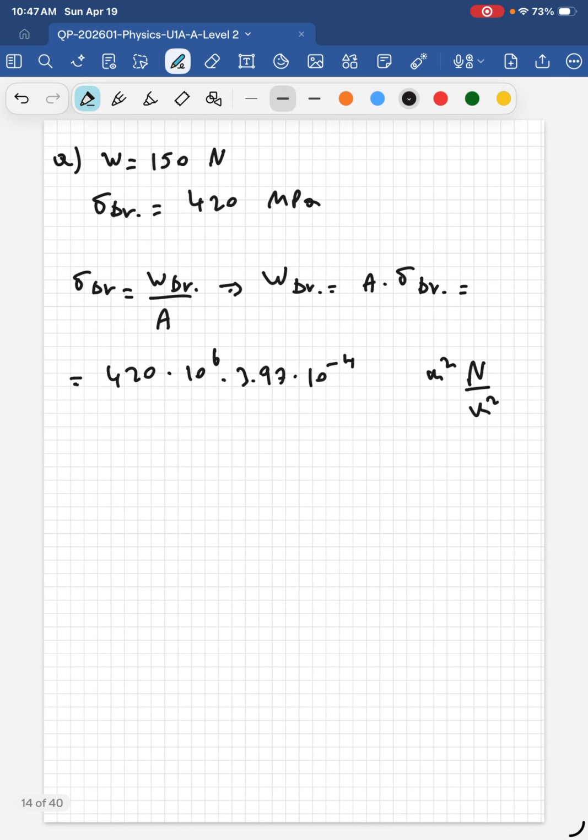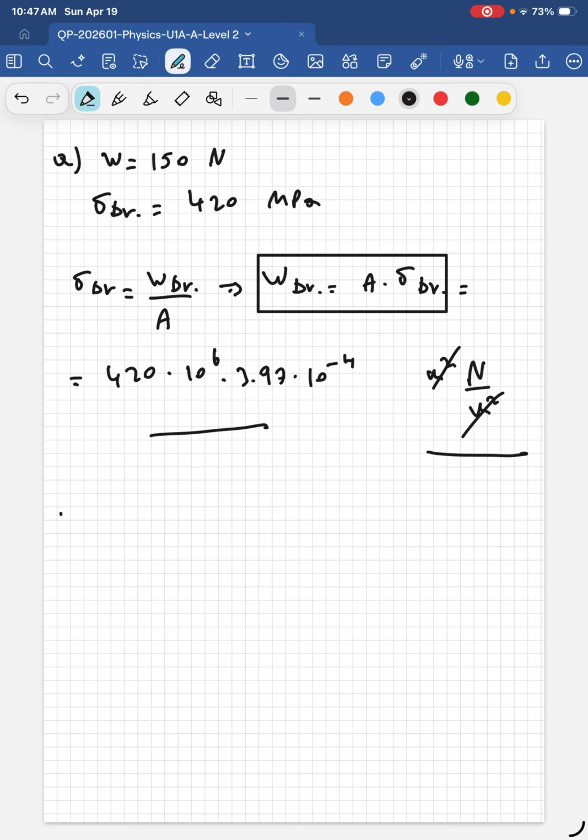So meters cancel. For those of you who are watching this video for the first time, I usually try to arrive at the final algebraic expression, and then I plug in numbers once I am done with the algebraic expression, and I put all the numbers to the left and all the units to the right. I hope this makes sense.